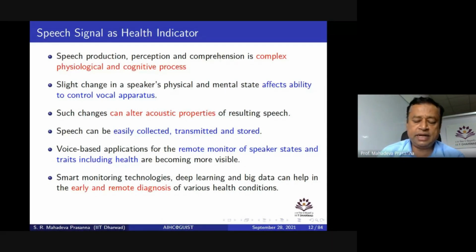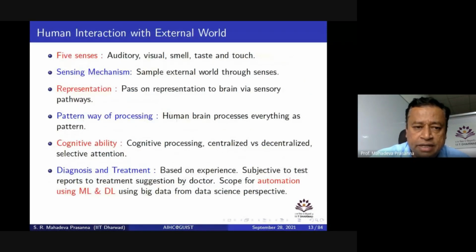Once that is done, the information can be passed on to the concerned doctor to take precautions so that a serious issue cannot happen at a later point of time. That is how we can use the speech signal as a health indicator.